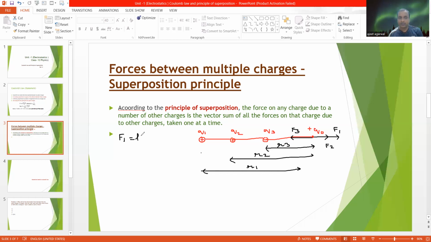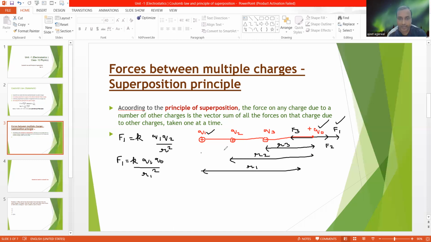The formula was K times Q1 Q2 upon R square. So in this formula, what will you substitute? If you are calculating F1, the force acting on Q0 due to Q1, then you will have constant K, Q1 remains Q1, but Q2 will be the test charge Q0: K Q1 Q0 upon R1 square.